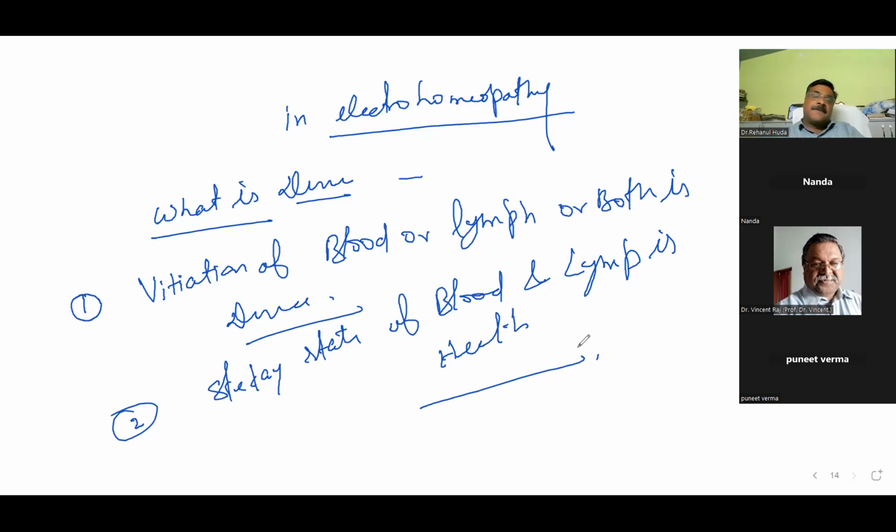So, what is the vitiation of the blood or what is the vitiation of the lymph?